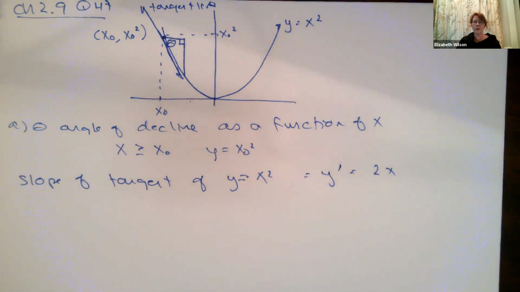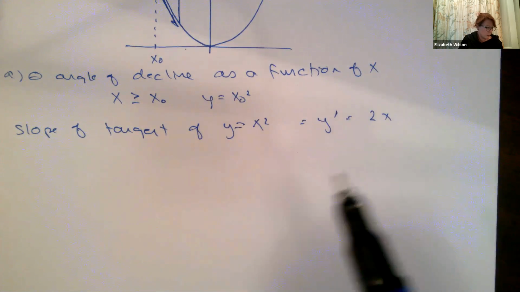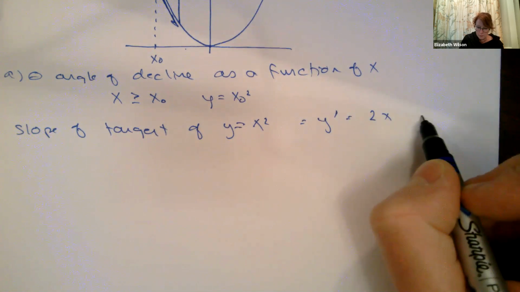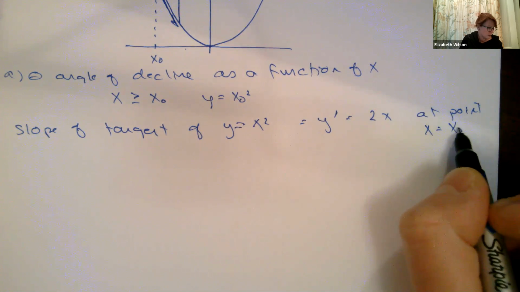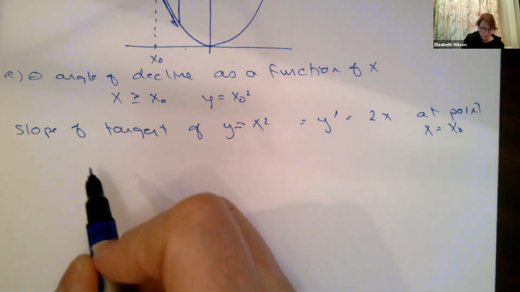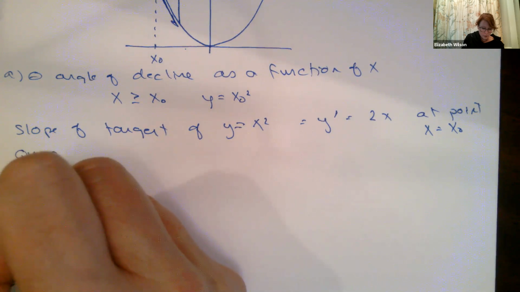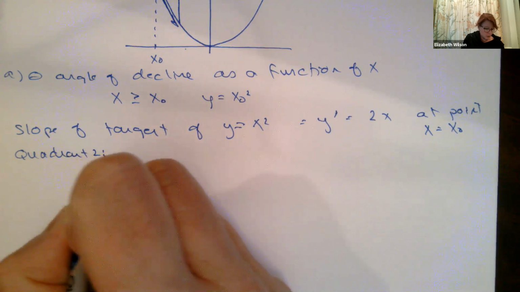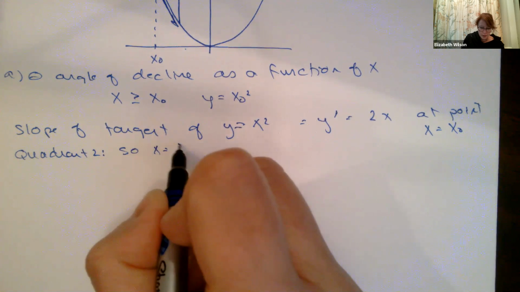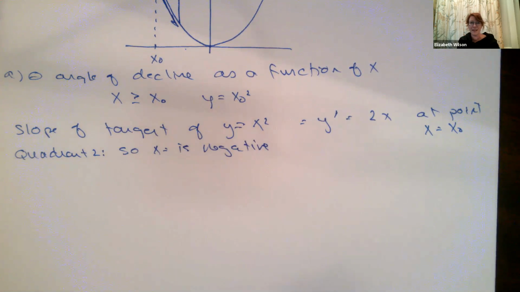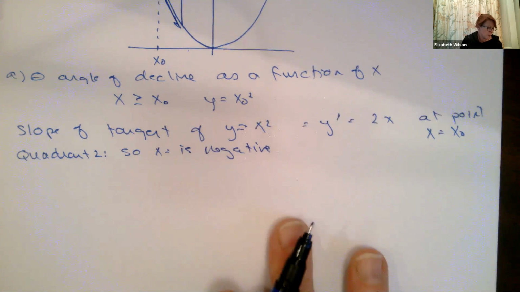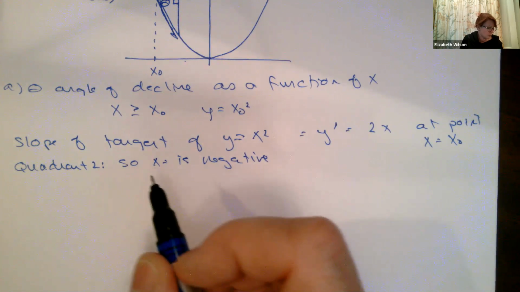Our derivative is 2x, and we're doing this at our point x equals x naught. This is in quadrant 2, so x is negative, right? So we have minus x naught. Whatever x naught is, it's a negative number.